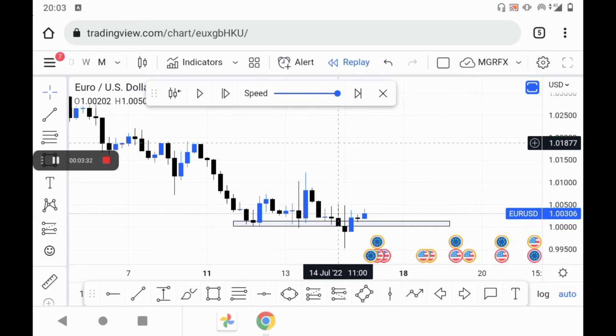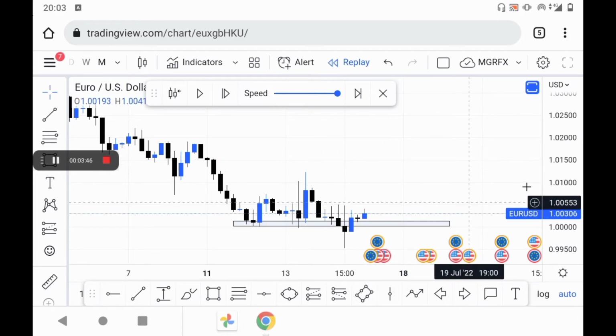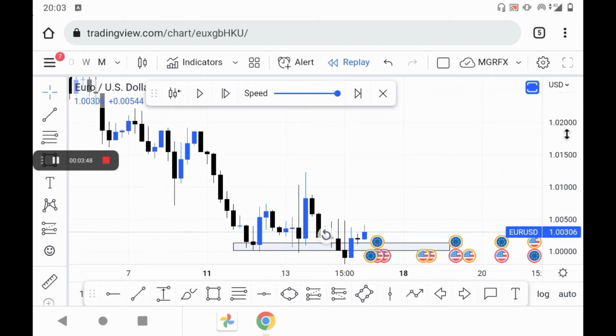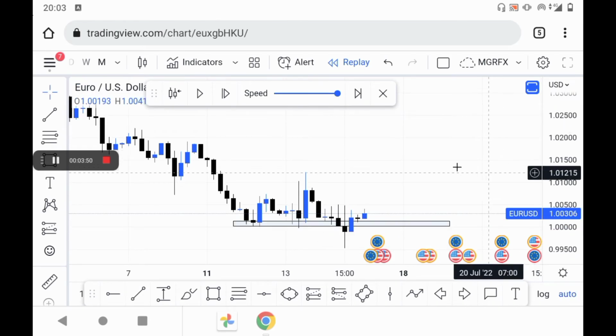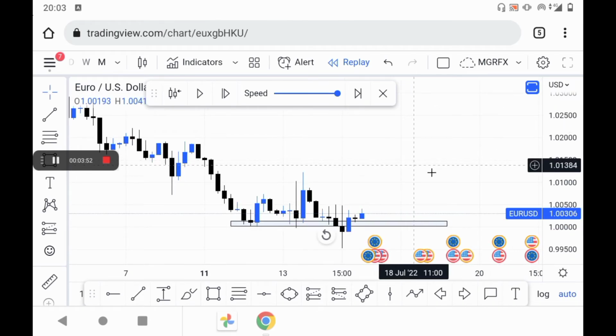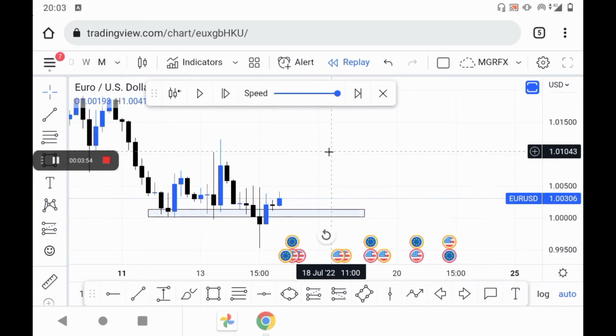But we will go right through that area if market structure remains bullish on all time frames from 4-hourly down to 15 minutes for this example. That's what's going to happen. Follow your market structure, move with the trend in layman's terms.